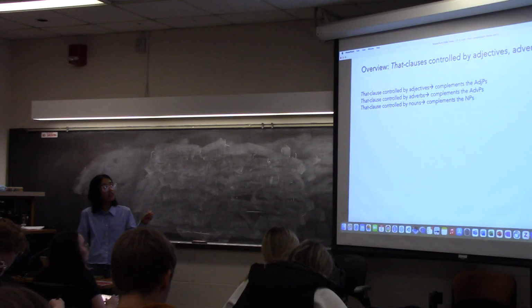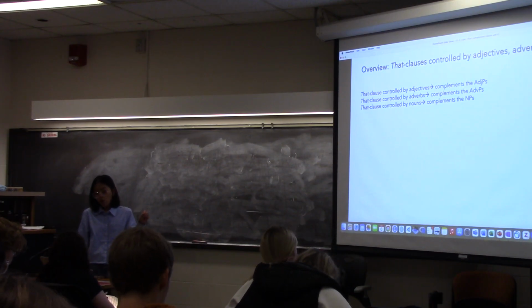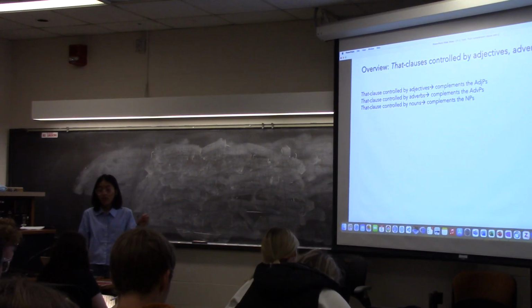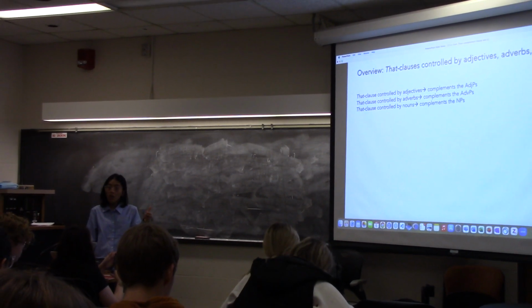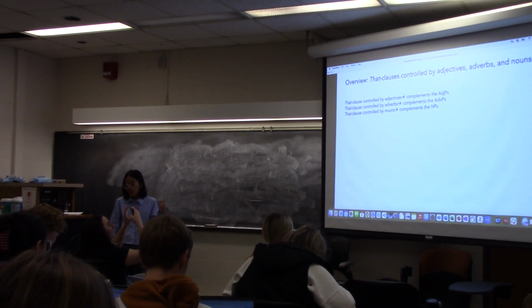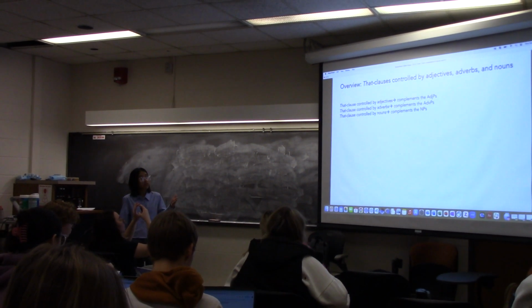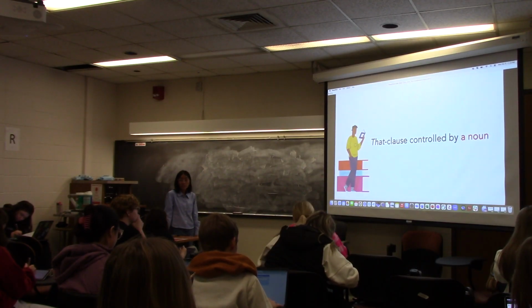And when you have the that clause controlled by nouns, the that clause would complement the noun phrase. Okay? So that's an overview. The that clause would act as the complement clause for whatever words signal or control the that clause. So here we have the that clause controlled by a noun.